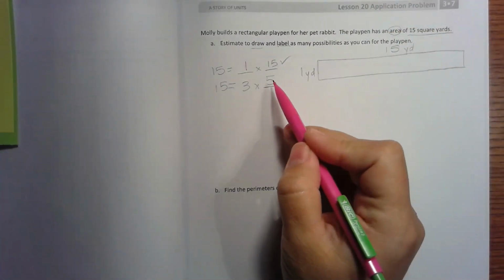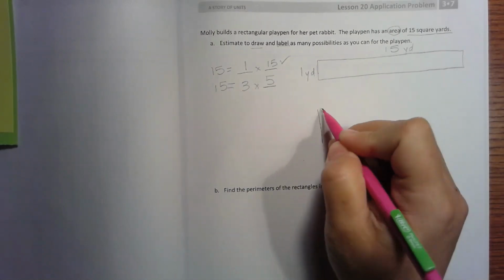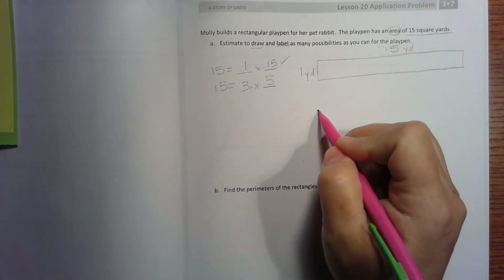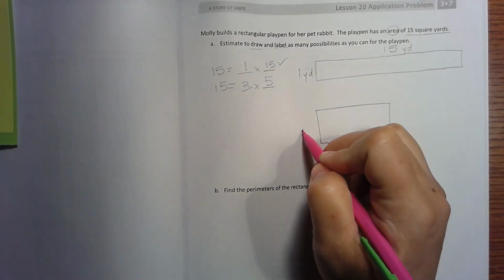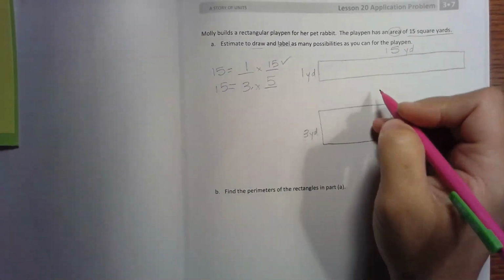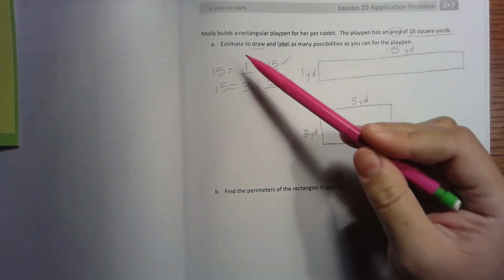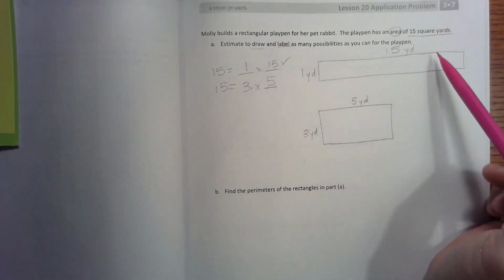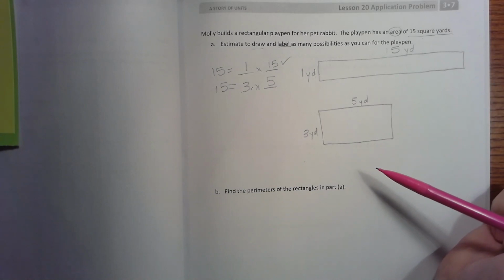And then 3 by 15. I mean 3 by 5, my fault. So let's see if I did everything I'm supposed to do. Draw and label as many possibilities as you can for the playpen. Okay, I did that. I think we're good.